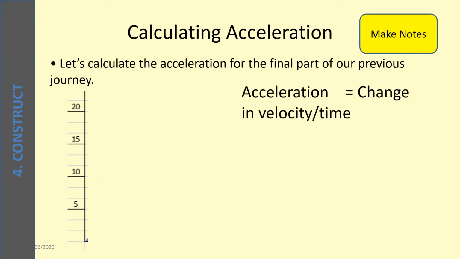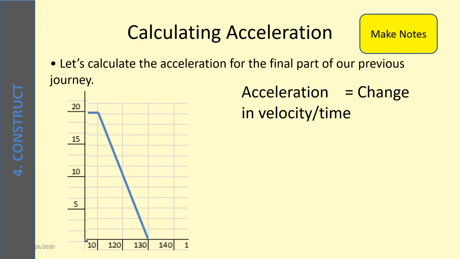Now let's see if we can work out the acceleration for the final part of our journey. Again, I've drawn that final part of the journey here for our convenience. Again, acceleration is equal to the change in velocity divided by the time taken. So the change in velocity is delta v, the time is t.